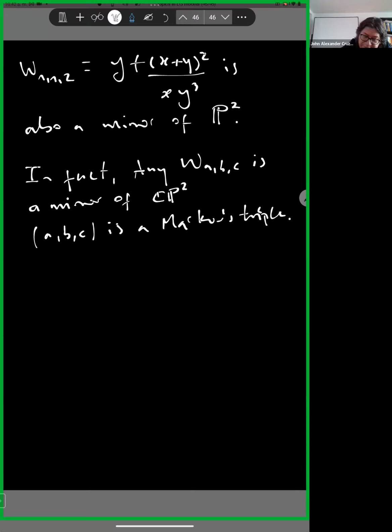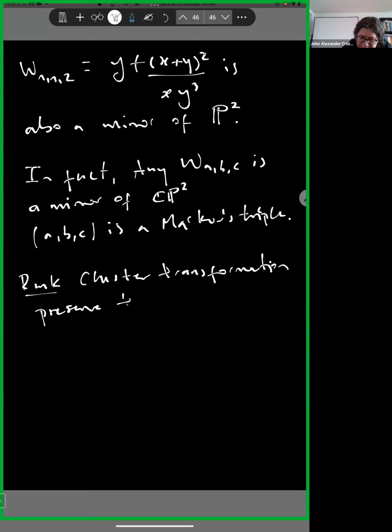So let me just remark that cluster transformations preserve the period of the one.